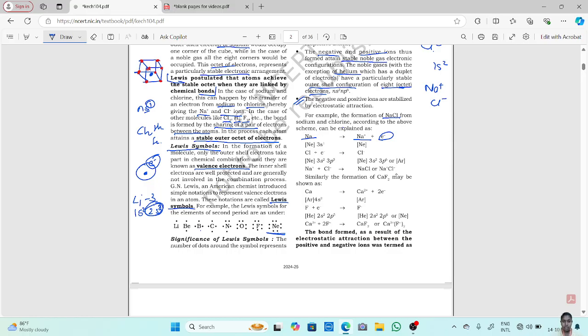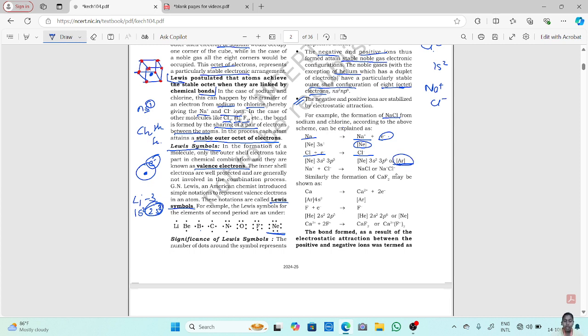Once it loses its electron, Na attains the stable configuration of neon. Chlorine takes up the electron and becomes Cl minus. When it takes that one electron, it attains the electronic configuration of argon, which is again a noble gas. So sodium attains the electronic configuration of neon, whereas chlorine attains that of argon.